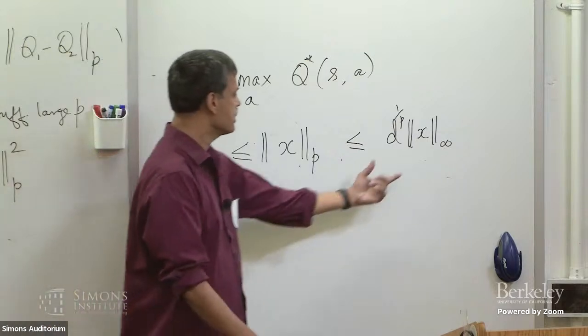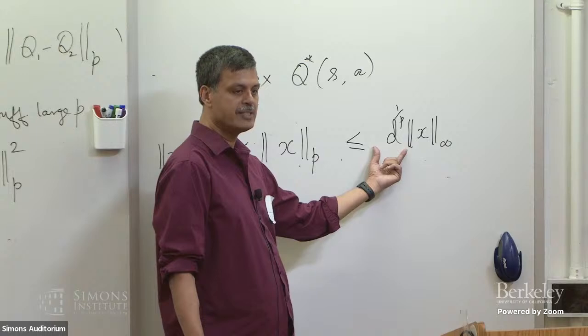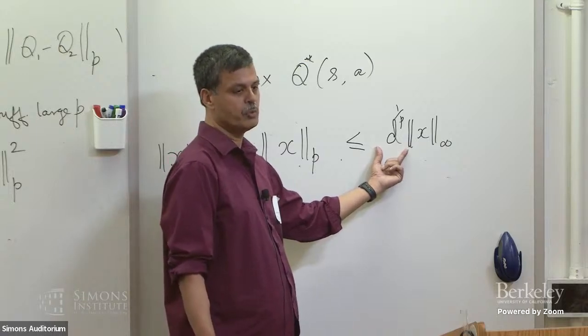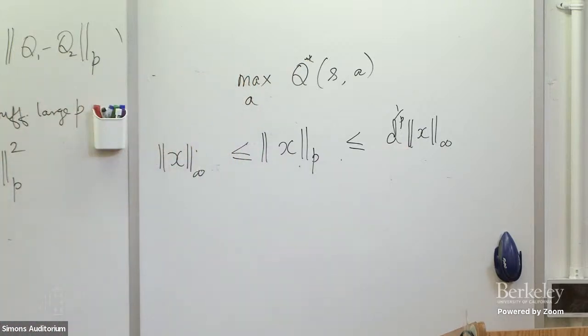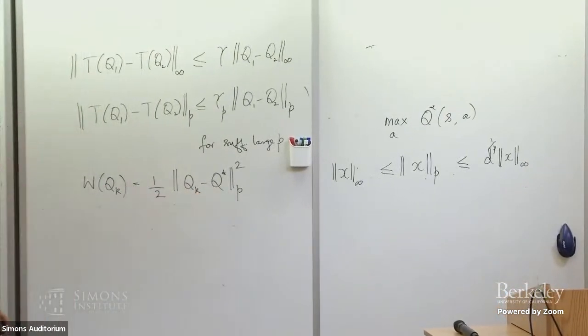Yes. So if it's a contraction in this norm, it will also be a contraction in this norm because you get to multiply it by D raised to the power of 1 over P. For sufficiently large P, that will be small enough. That will be close to 1. Of course, it's all finite dimensions. So this is the more natural function to use instead of comparing QK and Q star in the 2 norm. It's better to compare QK and Q star in the P norm.